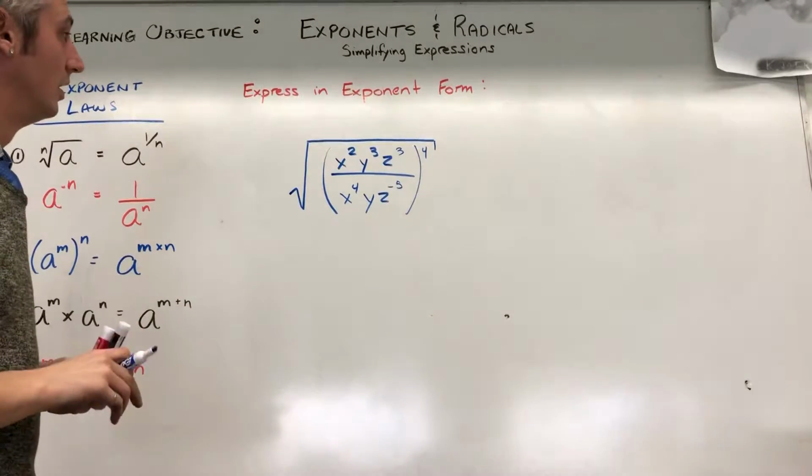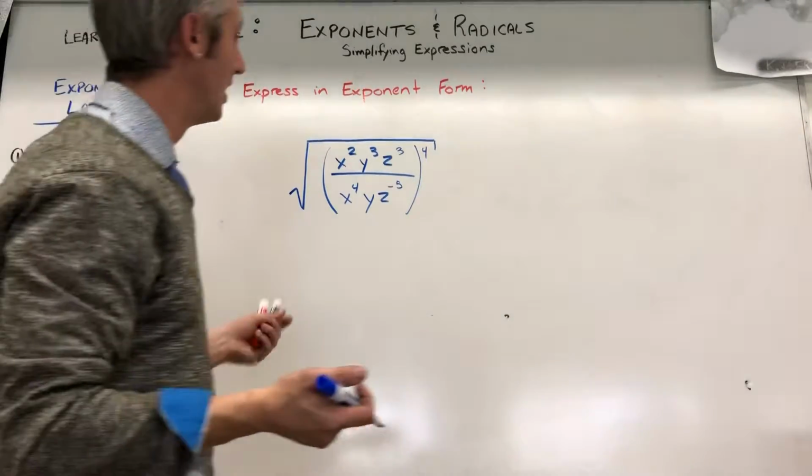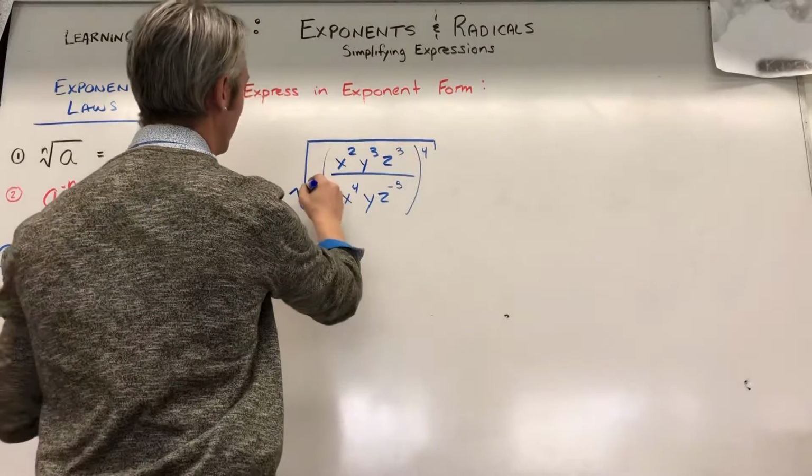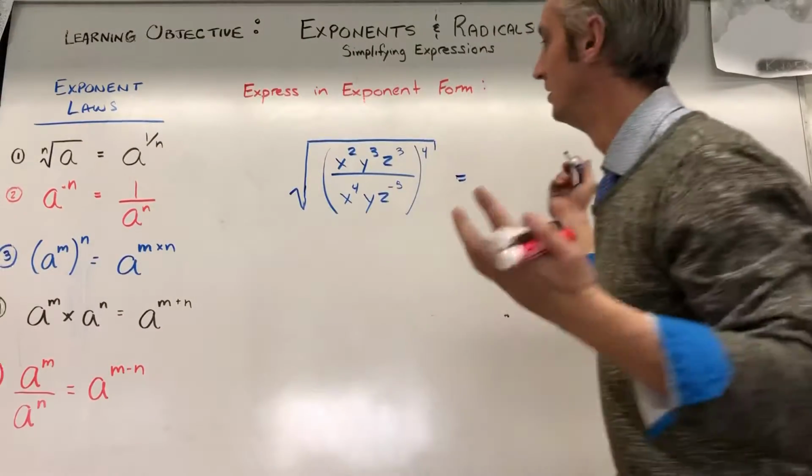This time round, I could work with what's in here, simplify down here, and then do the root. But now I'm going to do the root first, just to show you that you can do it either way.